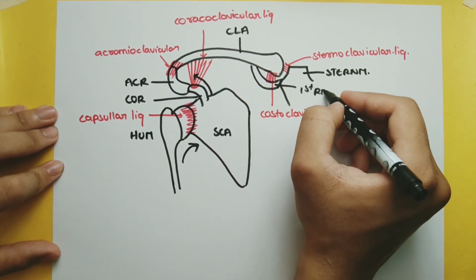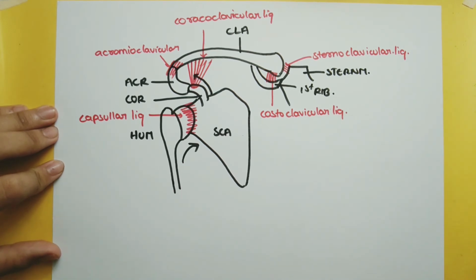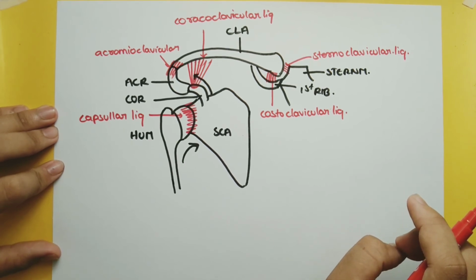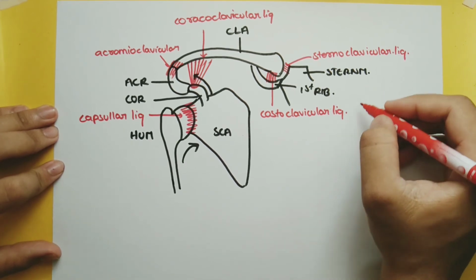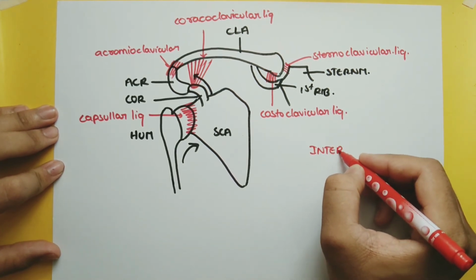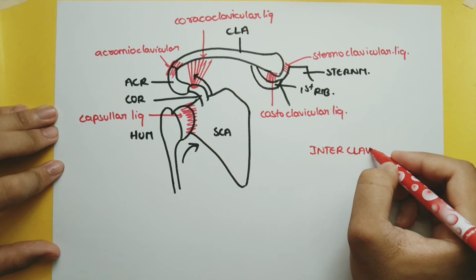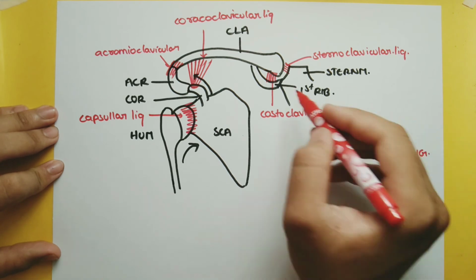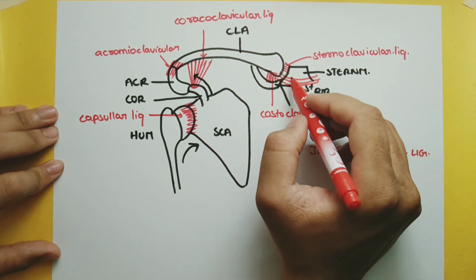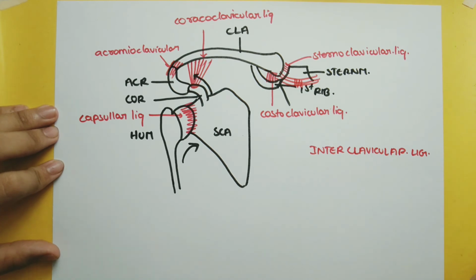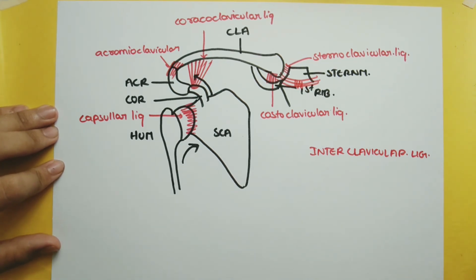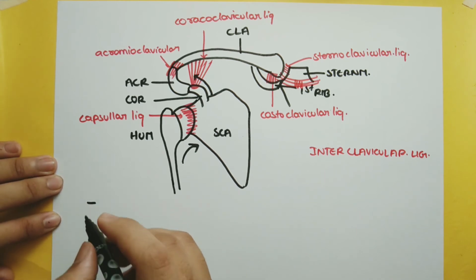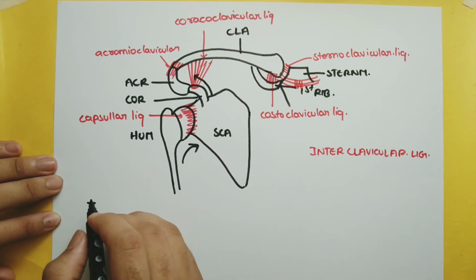And there is another set of ligaments which help in weight transfer, the interclavicular ligaments, which are present between the two clavicles by attaching to the sternum.